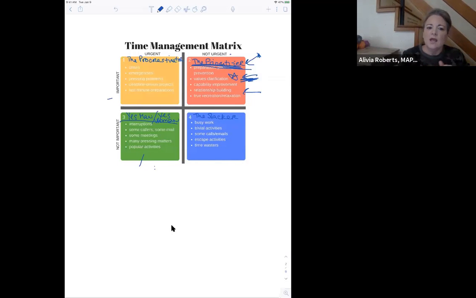And then quadrant 3 activities. Quadrant 3 activities are not important in the grand scheme of things and not relevant for your top priority goals. They are urgent and usually important to someone. Thus, they should be done in the most efficient way possible. And it doesn't mean that it falls to you.